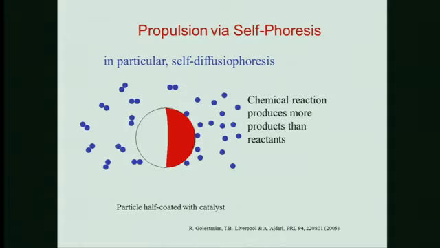So now there's a gradient in the number of particles, and each of these solute molecules will interact with the surface with its own interaction, and that will cause propulsion. The direction of propulsion will be determined by whether the interaction between solute molecules and the surface is predominantly repulsive or attractive. These are basically those force dipoles, whether they are like this or like that, and that will determine the direction of motion.